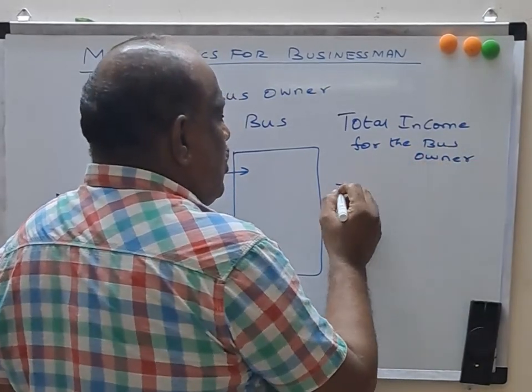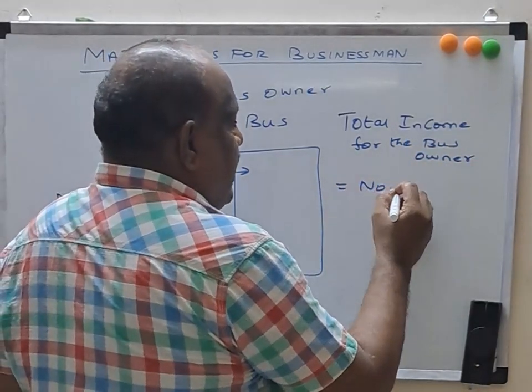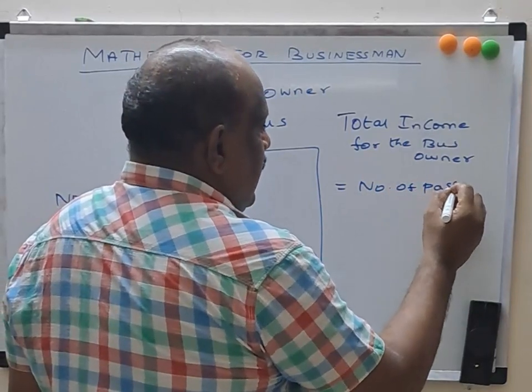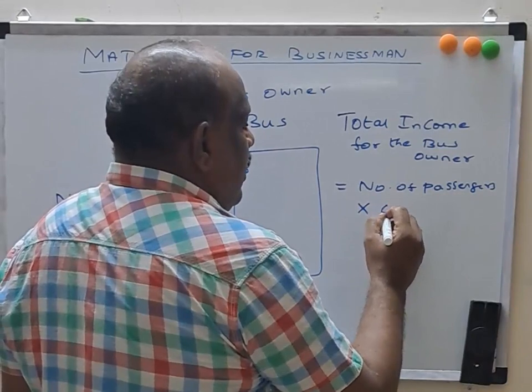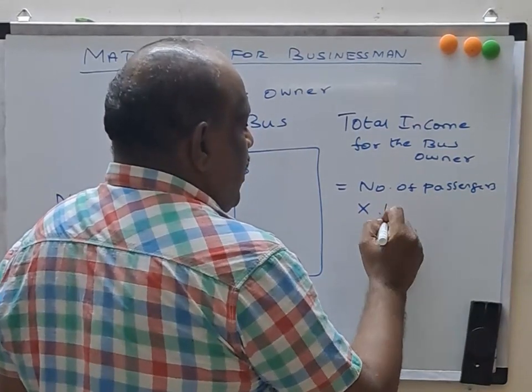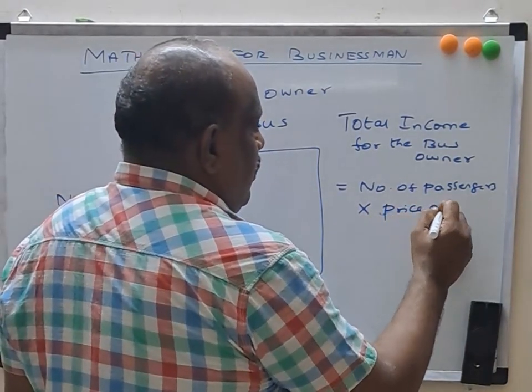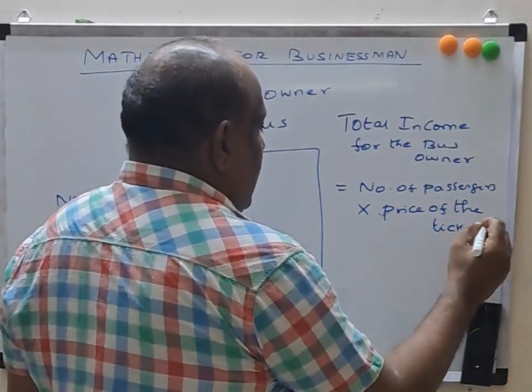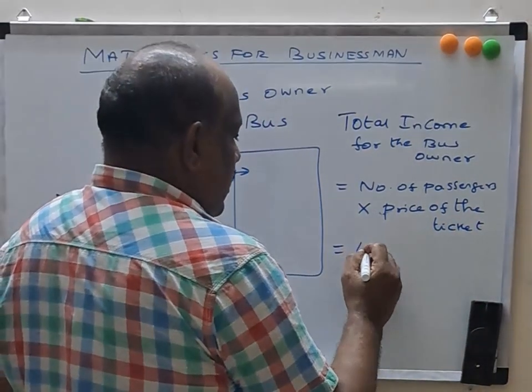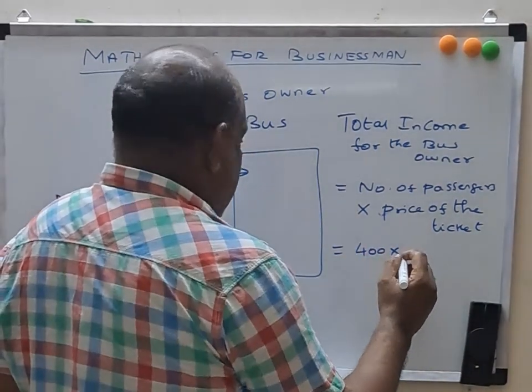The total income for the bus owner is nothing but the number of passengers traveling multiplied by the price of the ticket. The number of passengers is 400. The price of the ticket is 50.